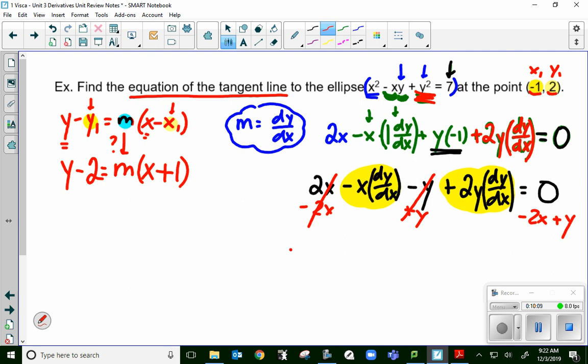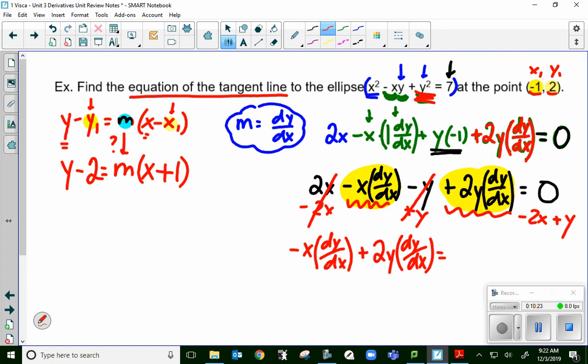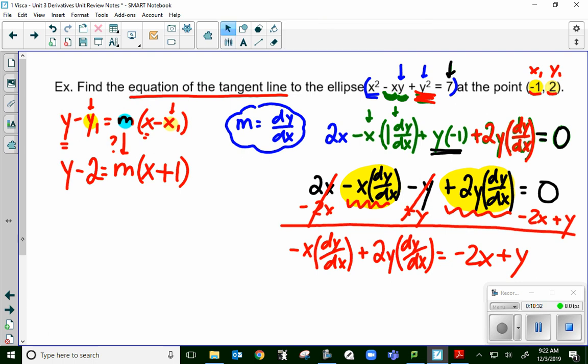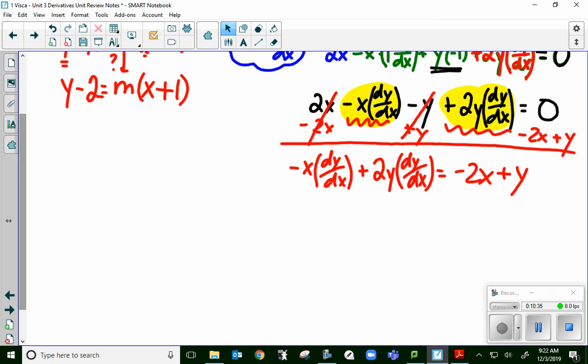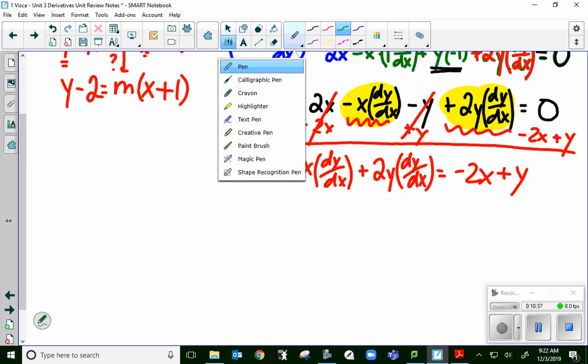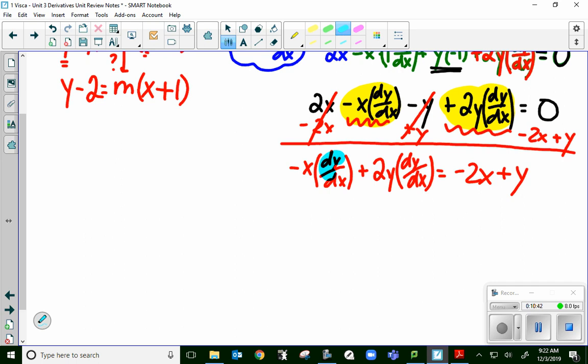I now have minus x dy dx, plus 2y dy dx equals negative 2x plus y. All right, good. I'll do the line there to separate it. Now, if you look, I now have a common factor, and I'm going to factor out my dy dx.